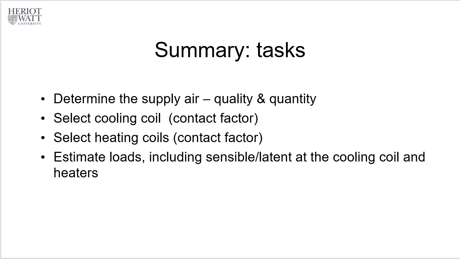Now these are system loads. System loads come from a number of components. The first, operating in summer, is the cooling load at the cooling coil, and then the heating loads at the reheaters. And in winter, we have two reheaters and one preheater. So therefore, there are a number of different parts we need to calculate individually.